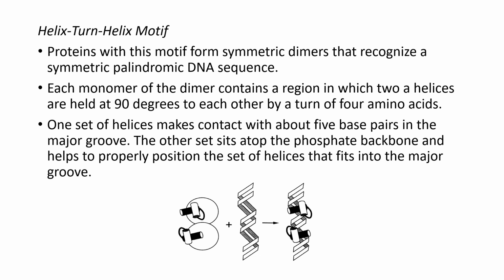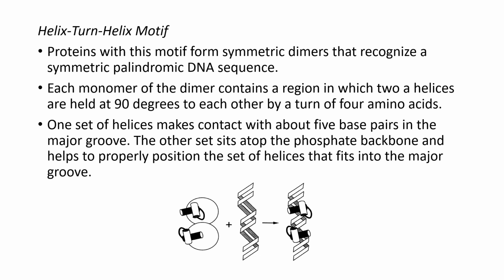So, getting into the details of the helix turn helix motif, these are proteins with symmetric dimers that recognize a symmetric palindromic sequence on the DNA. And each monomer of this protein will contain a region in which two alpha helices are held at 90 degrees to each other by a turn of 4 amino acids.